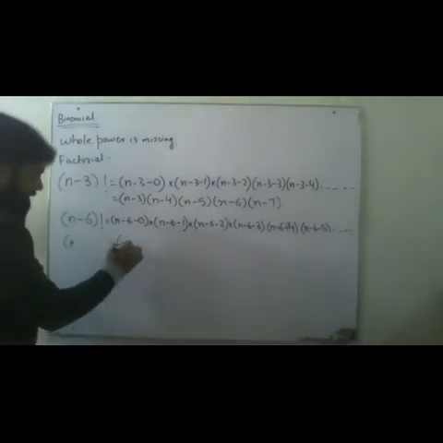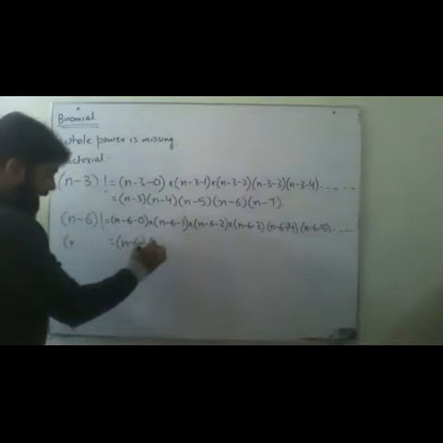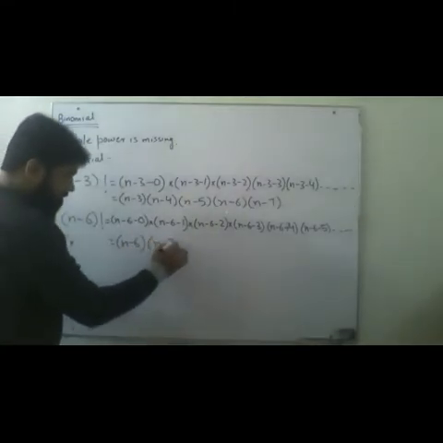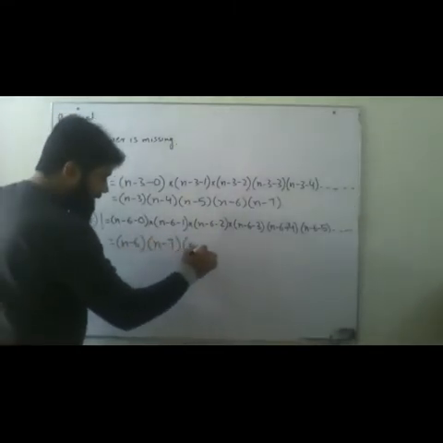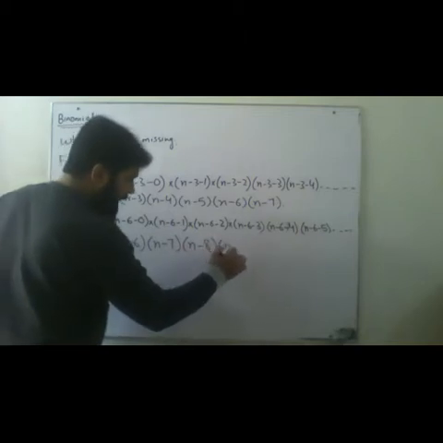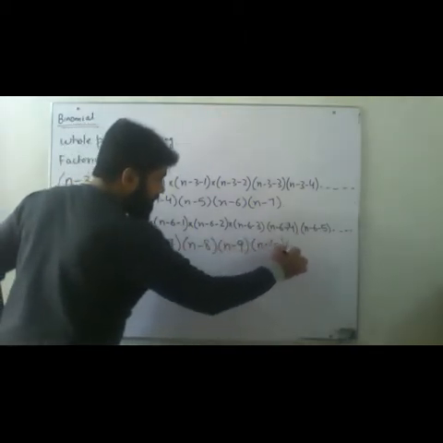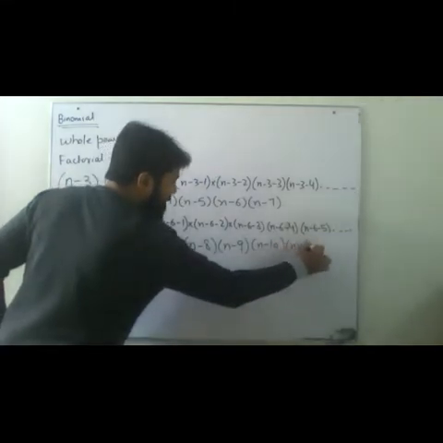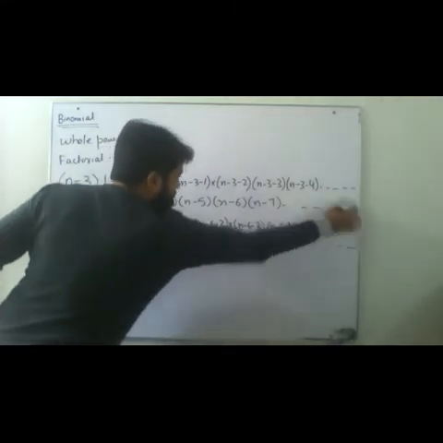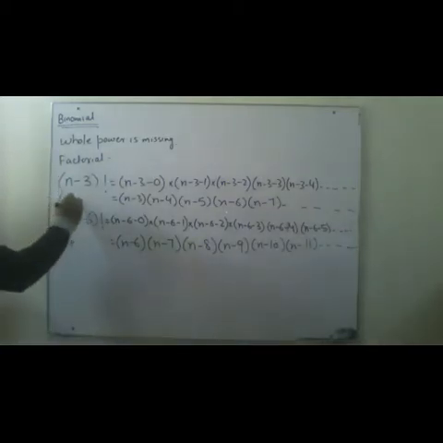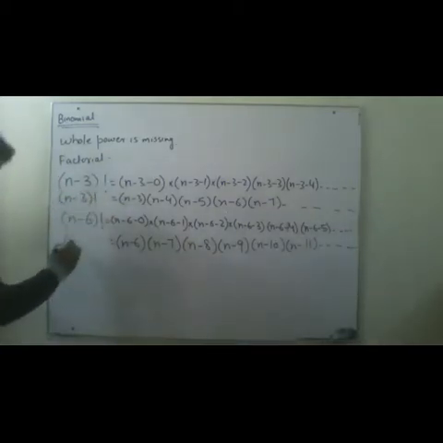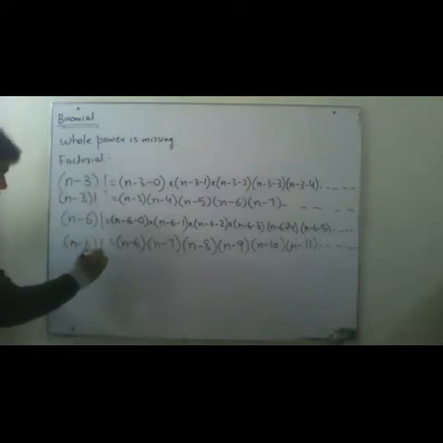So n minus 6, n minus 7, n minus 8, n minus 9, n minus 10, n minus 11 till infinity. Okay, this is n minus 3 factorial, and that is n minus 6 factorial.